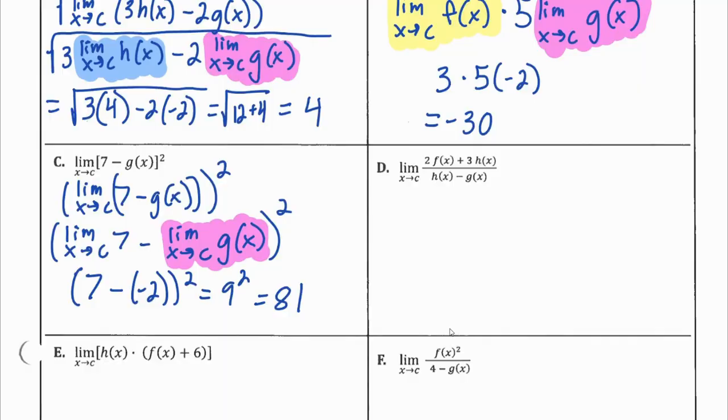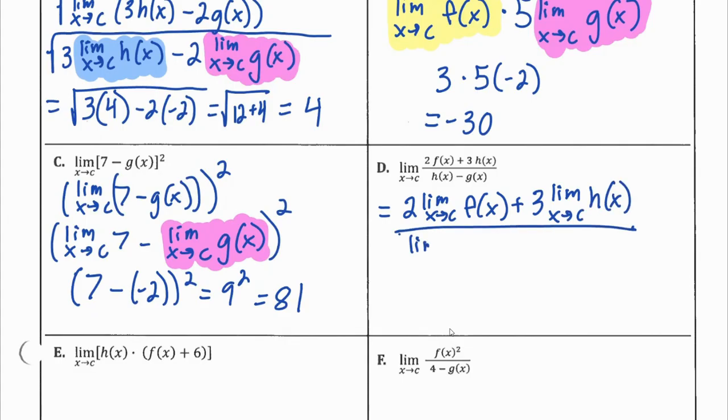Alrighty. This next one, I'm going to jump to the simplified version. So what we would do is this would be 2 times the limit as x approaches c of f of x plus 3 times the limit as x approaches c of h of x over the limit as x approaches c of h of x minus the limit as x approaches c of g of x.